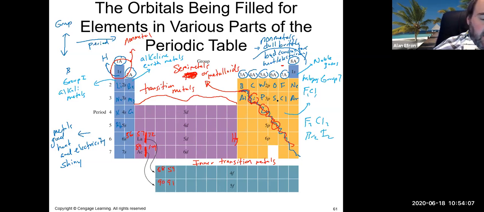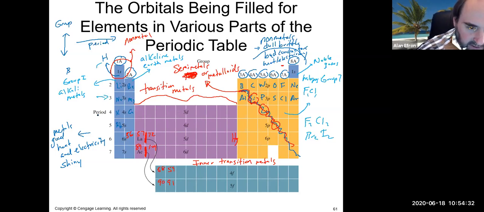So this is the general setup for a periodic table. You do need to know the parts. You need to know where the metals are, the nonmetals, the metalloids, transition metals. You need to know which way groups go: 1, 2, 3, 4, 5, 6, 7, and 8. Periods, by the way, as you can see here, go left to right. So this would be period 2 going across.